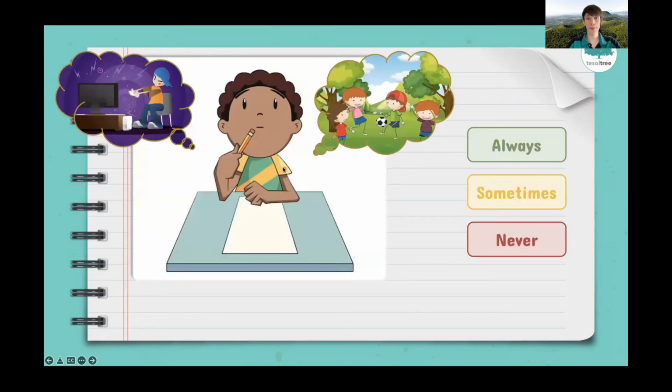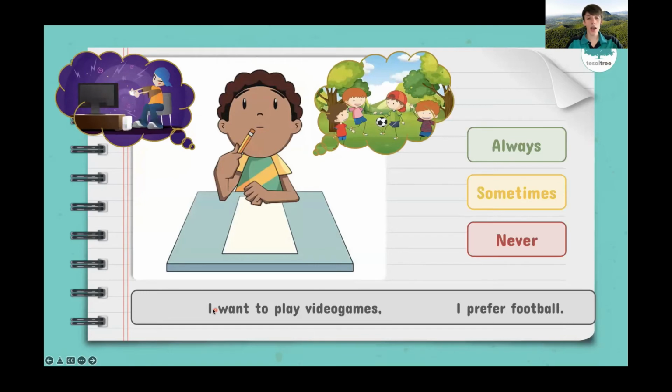Let's do one more. Look at the kid. He's thinking, what is this here? To play video games. And what about here? To play football. So, I want to play video games.